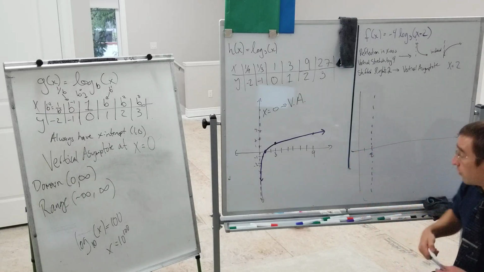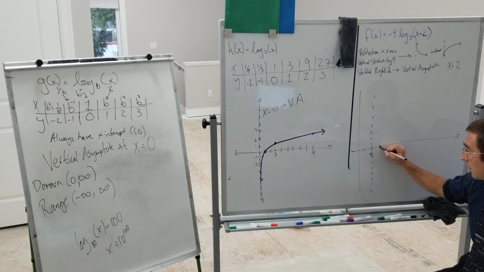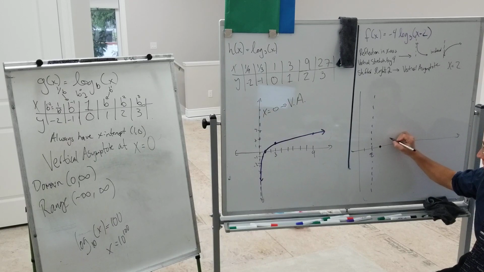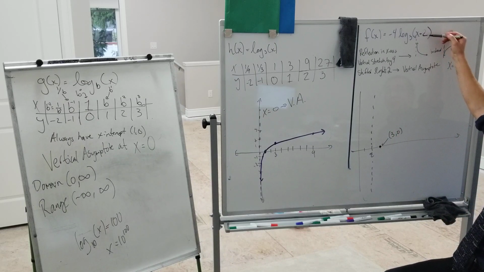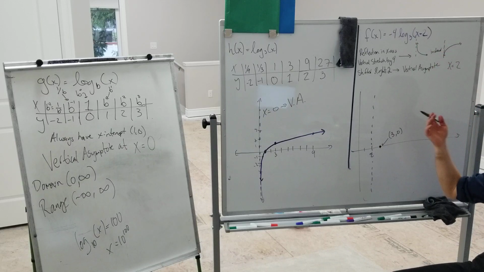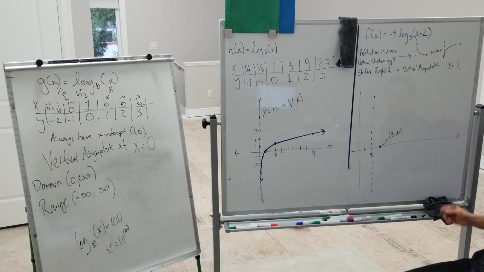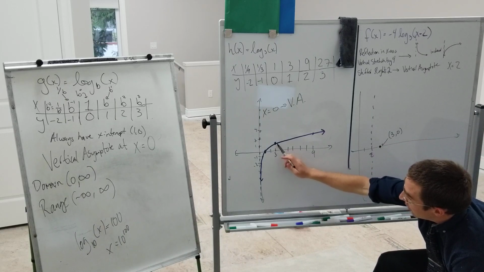I'm still at 0 for my y. 0 times -4 is still 0. So here, I have the point 3, 0. Notice, if I put 3 in here, 3 minus 2 is 1. Log base 3 of 1 is 0. -4 times 0 is 0. Boom, got it.